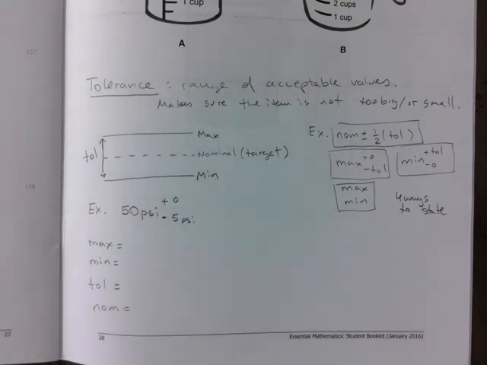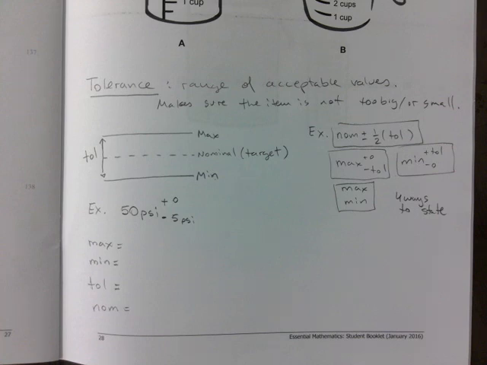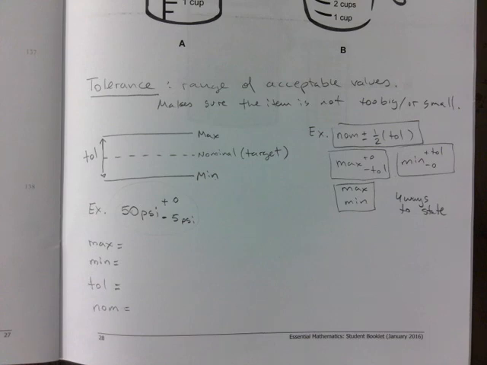Put numbers down there for all 4. Let's pretend this is the exam. This is Wednesday. Would you be able to answer these 4 based on the numbers here? I would think that you should be able to do at least 2 out of the 4. I would hope you could fill in 2 out of the 4 presented to you. Go ahead and do that.